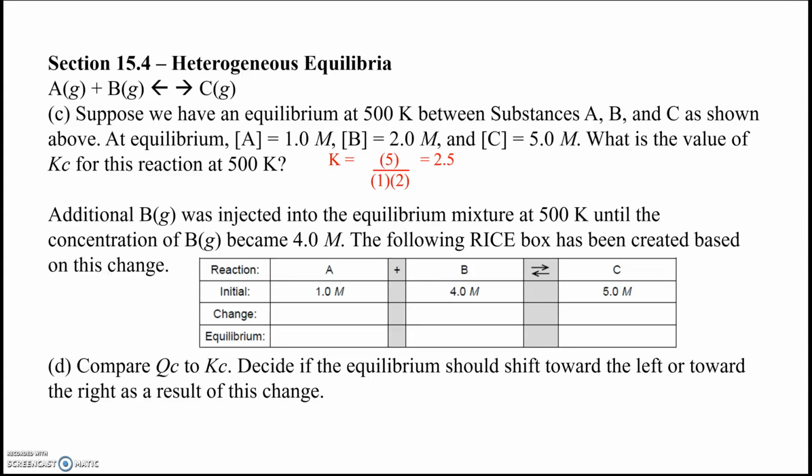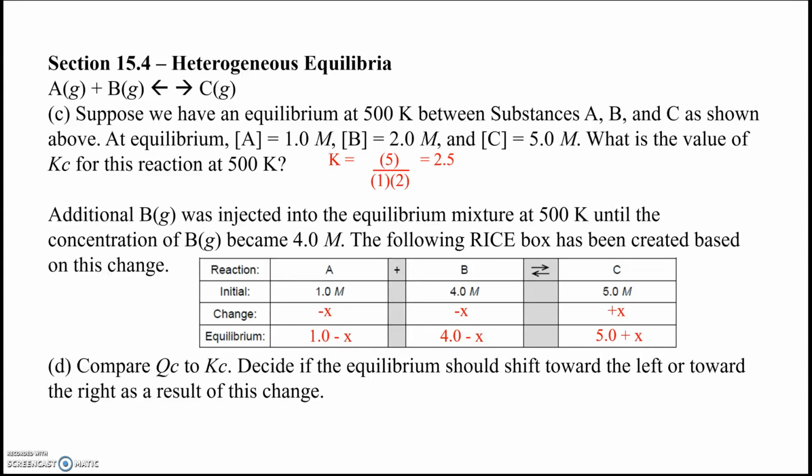All right, so we've got our initial concentration now of 1 and 4 and 5. So we look at our change. According to the stoichiometry, A will be minus X, B will be minus X, and C will be plus X. And we want to compare Qc to Kc and decide if the equilibrium should shift to the left or toward the right as a result of this change.